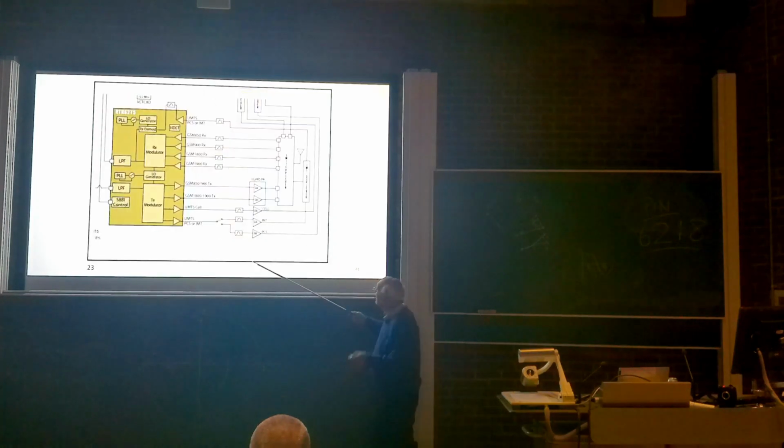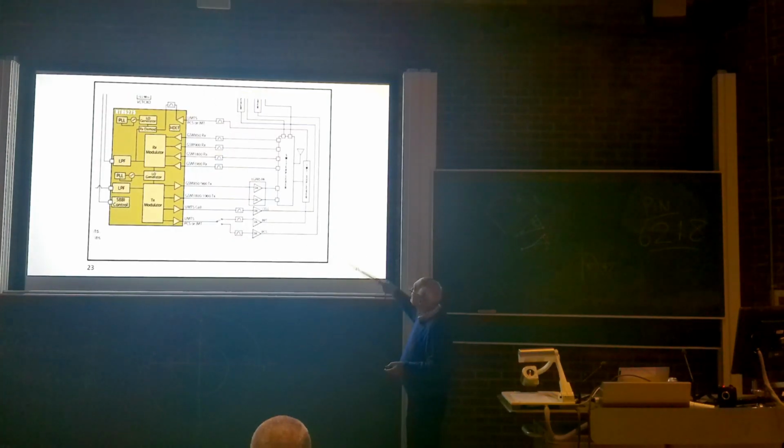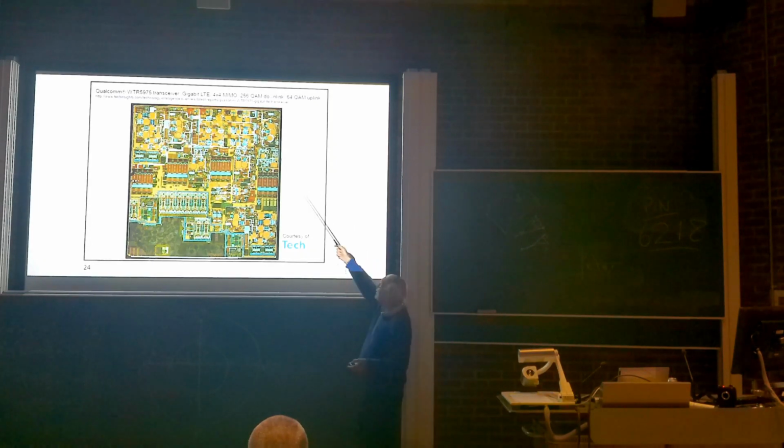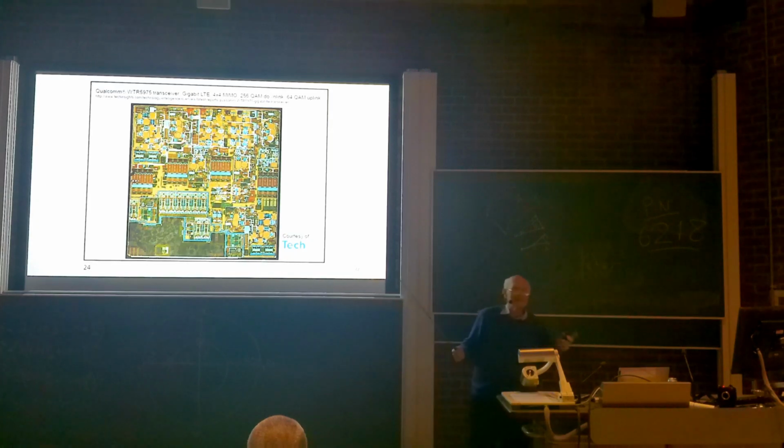Chipset Qualcomm, keep moving on, gives you some idea of the complexity you've got. Pictures again, Qualcomm transceiver, gigabit LTE, 4x4 MIMO, which is to do with the channels to antennas.